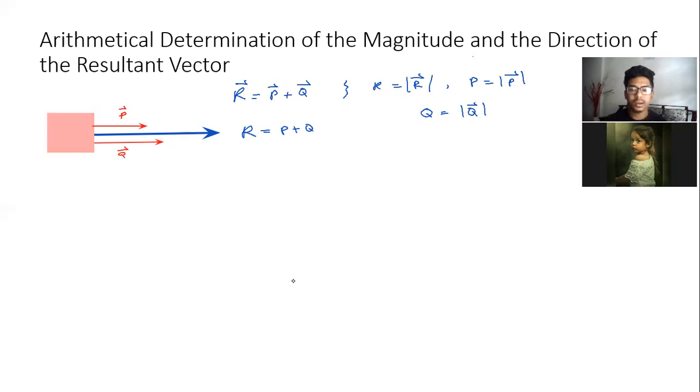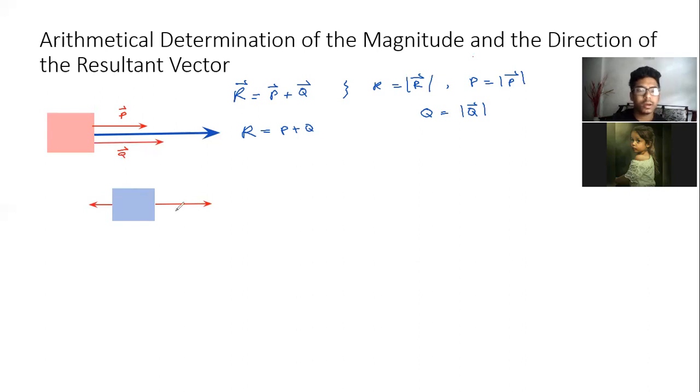And the second scenario, let's take again a box. Now P vector is acting in this direction, let's say, and Q vector is acting in this direction.